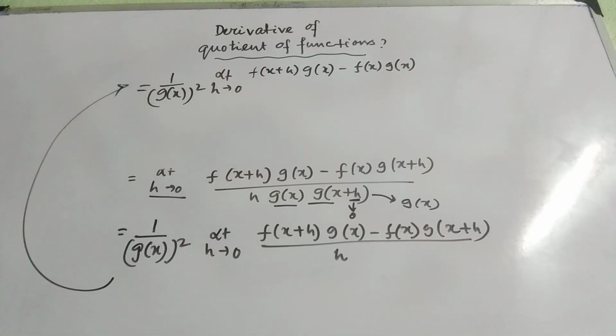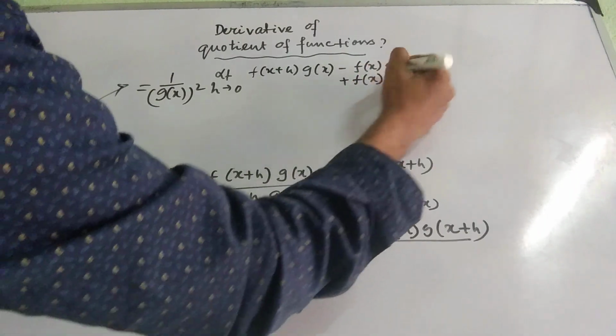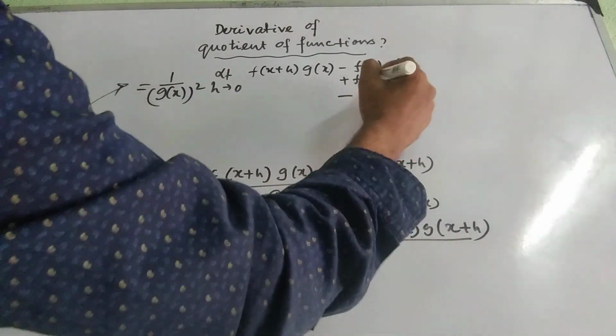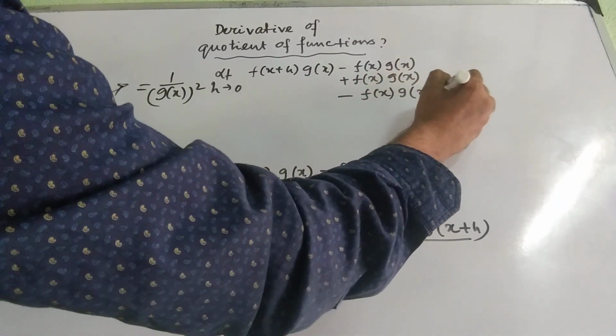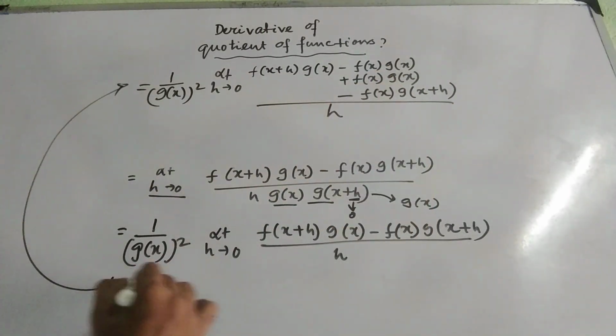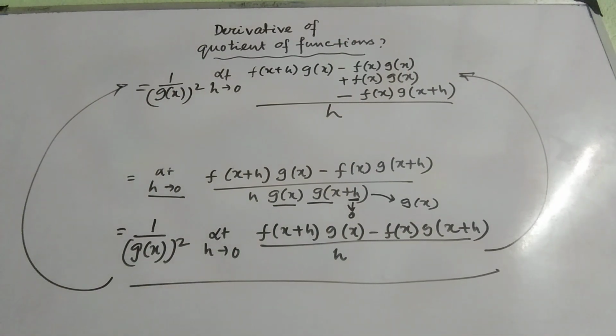At the same time, to keep the expression as it is, I have to add plus f(x) g(x), minus the fourth expression, that is f(x) times g(x+h), all divided by h. This expression is the same as the earlier expression, right?